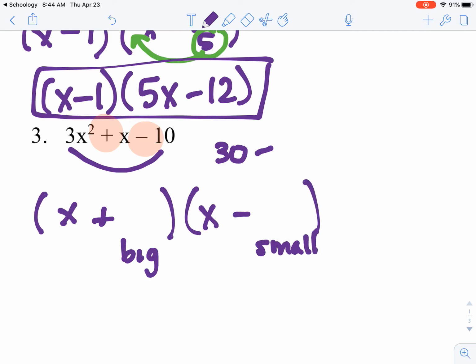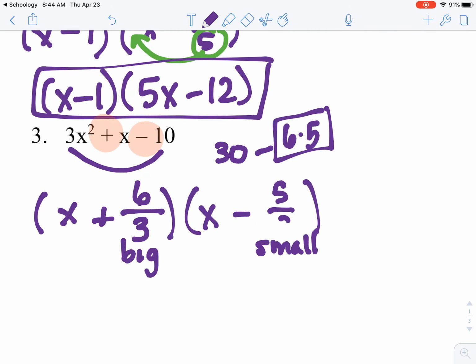What we learned previously still comes into play here. So then let's talk factors of 30 that subtract to equal 1. So I have 6 and 5. I'm going to do the big number first, x plus 6 over the a value 3, times x minus 5 over 3.